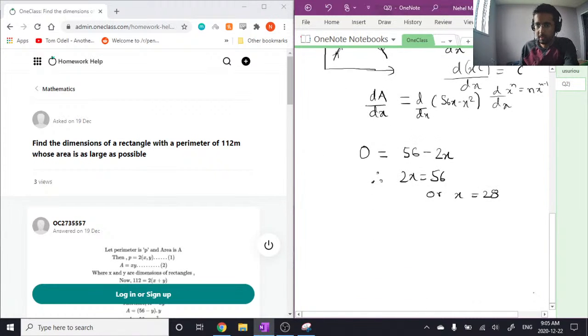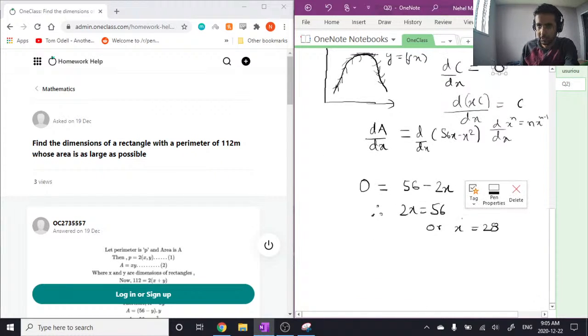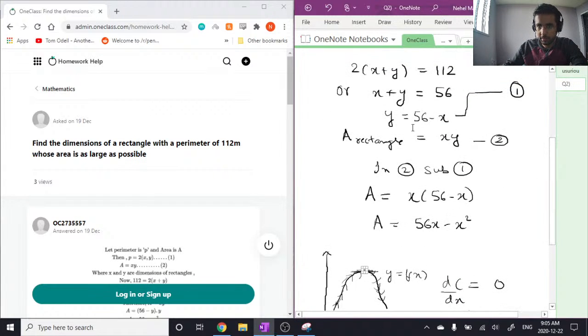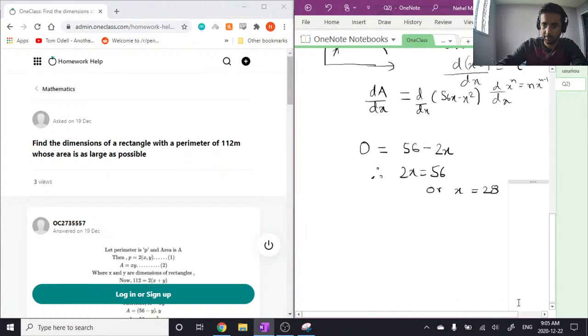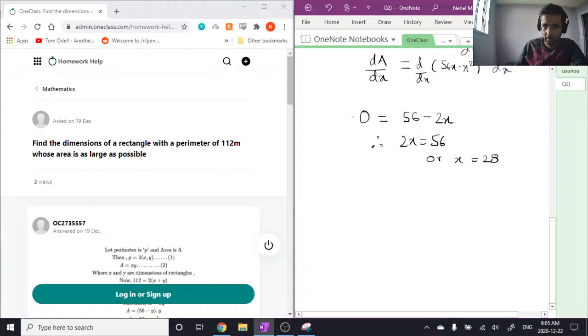Okay, and then since we have this equation, we can plug it back into the other equation which we had, number 1, which was y is equal to 58 minus x, I believe. And from that we can get the two variables. So the first equation was y equals 58 minus x. y is equal to 58 minus 28, which is 28.